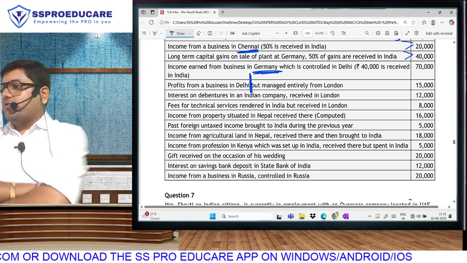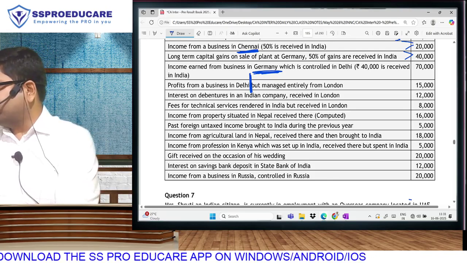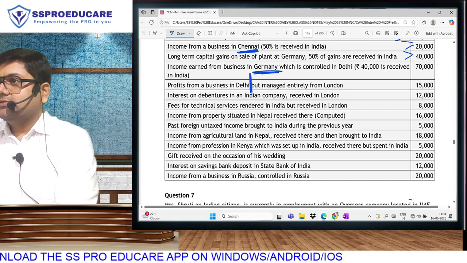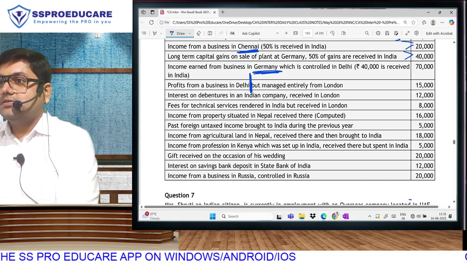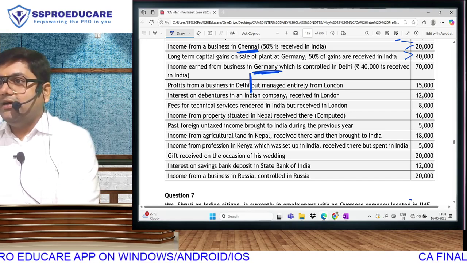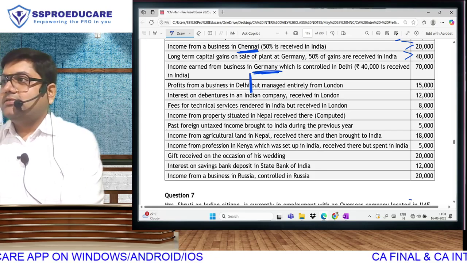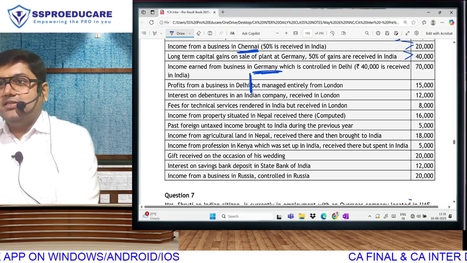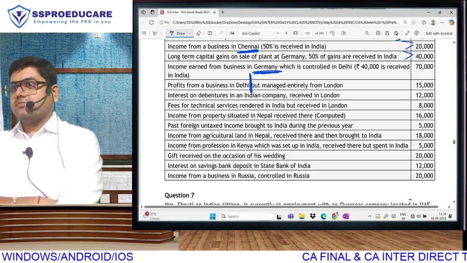What was the rule taught to you with respect to fees for technical services? If it is in India, no. If the receiver has used the services in India, check.